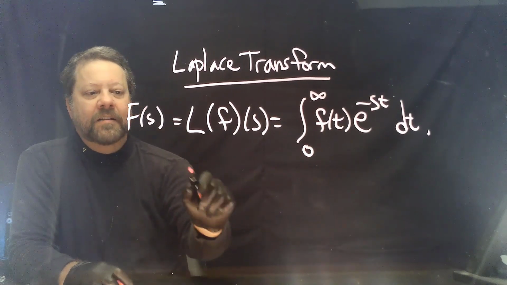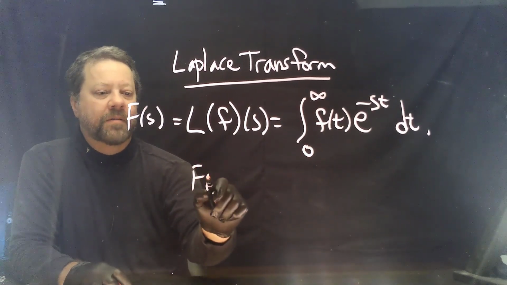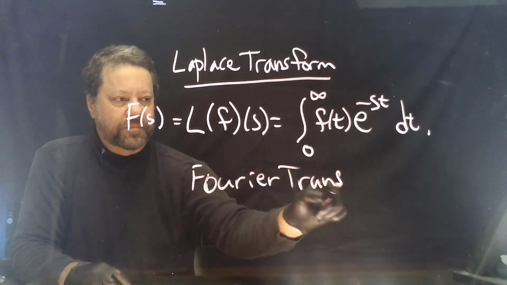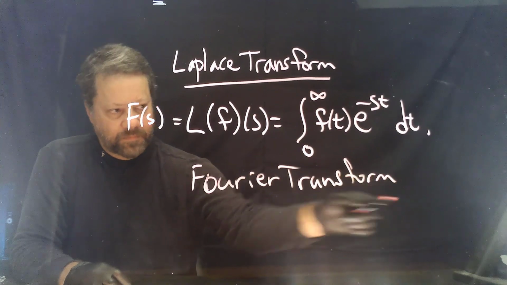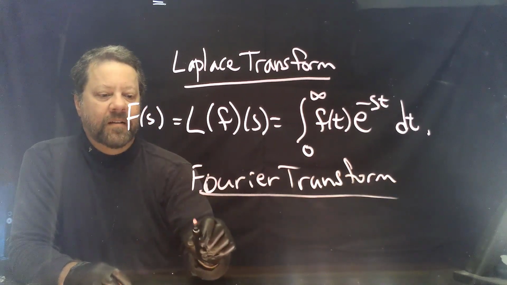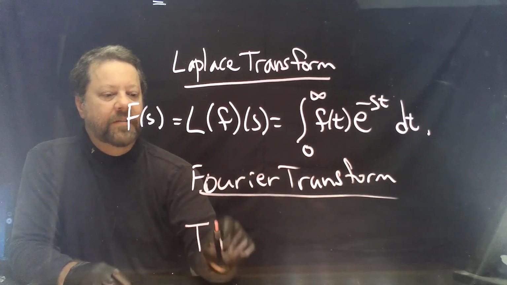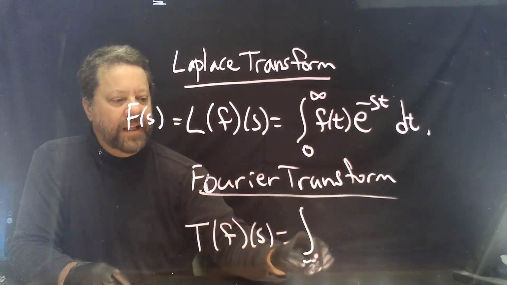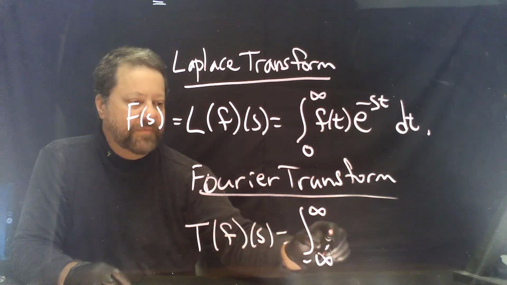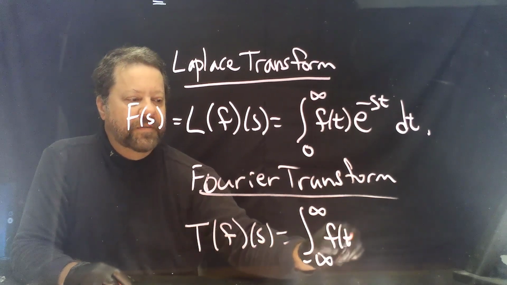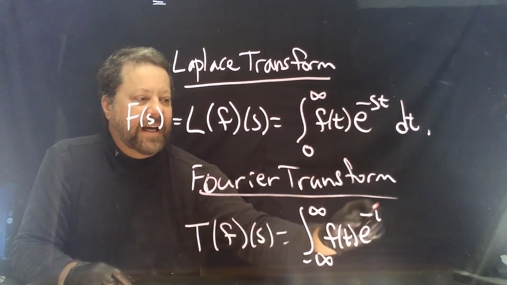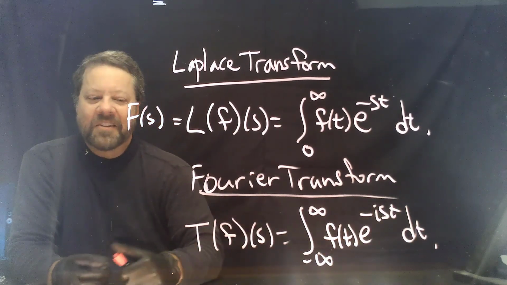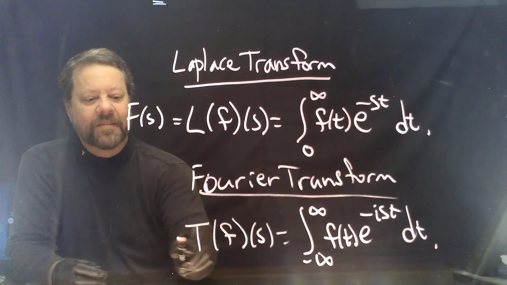For the Fourier transform, we have an integral from minus infinity to infinity of our function e to the minus i st dt. You can see that these are very similar.